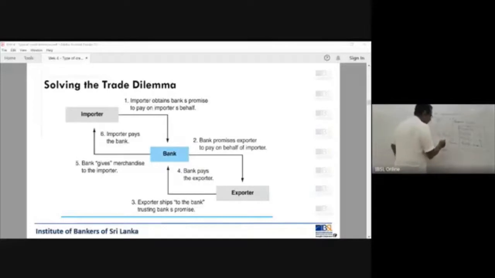Mr. Pereira will come to BOC and ask for a payment confirmation for Saravanamuthu's account. BOC will evaluate Mr. Pereira and agree to grant a payment confirmation, a conditional payment confirmation. Remember this, conditional.